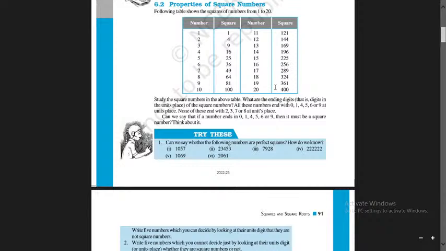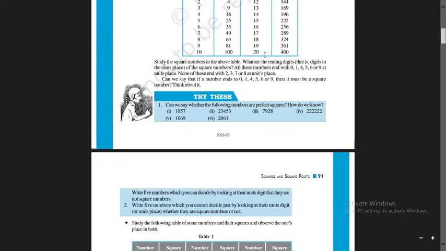So what is happening over here? We are multiplying the number by itself. So 16 times 16 gives you 256, and 17 times 17 gives 289, and so on till 20. And what is the square for 20? The 20 square will be 400.